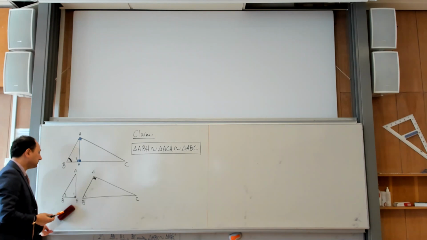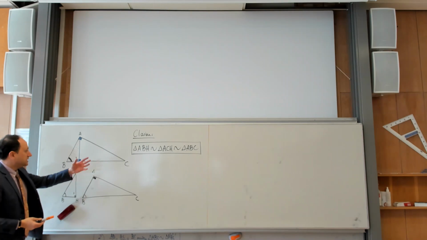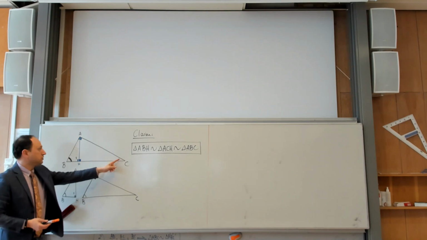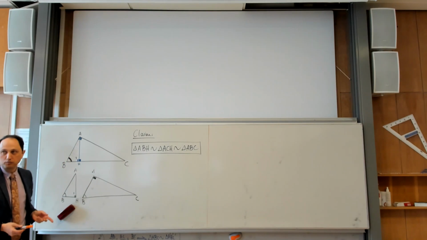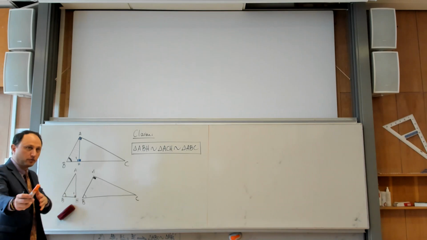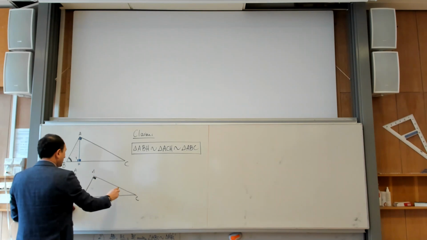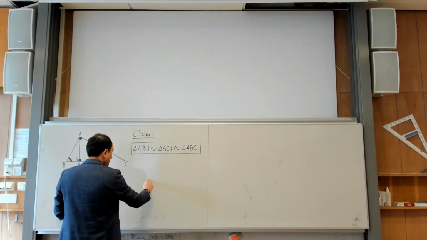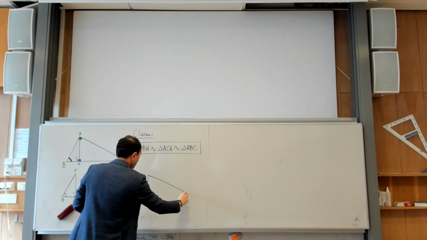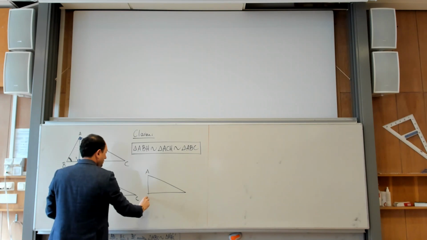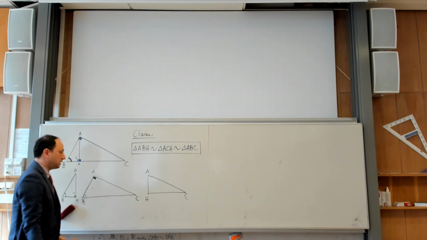Okay. But now, for the same reason, I hope that you agree with me, this triangle is also similar to the bigger one, because that's essentially the same thing from the right hand side, yes? So if you want to, I can just draw this bigger one here. So this is also, you can imagine like this, yes? So I don't know, this is A, H, C. Can I repeat the same argument?